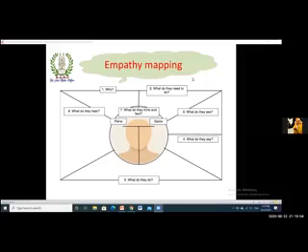How can we use it? We can use it as a teacher to know your students' needs, or as a trainer to know the trainees' requirements, or as a mentor to satisfy your mentees' needs.